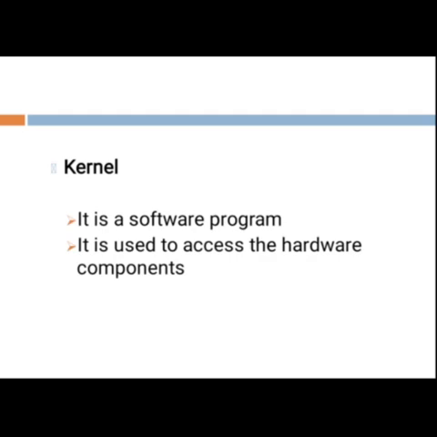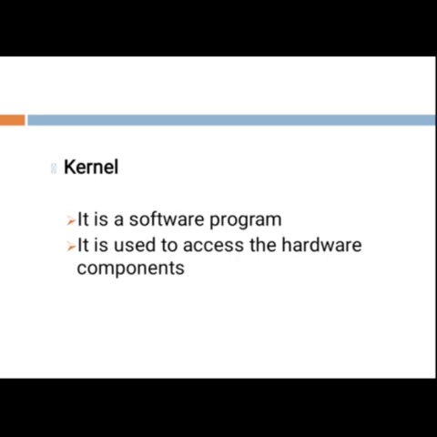So kernel is basically a software that is a bridge between application and hardware. The application requires hardware through the kernel. This is not limited to internal hardware but also applies to external hardware like printers or scanners.